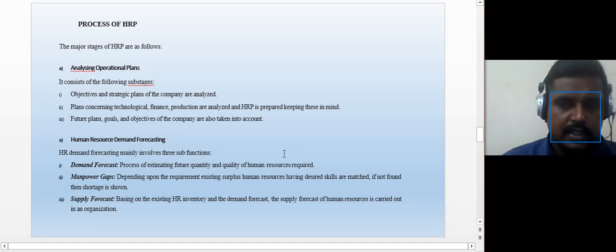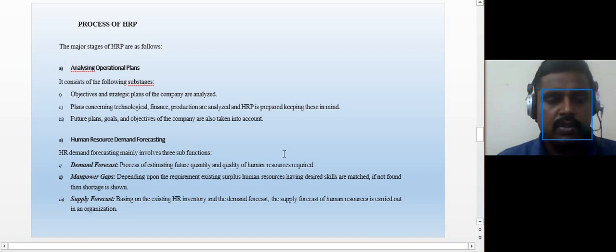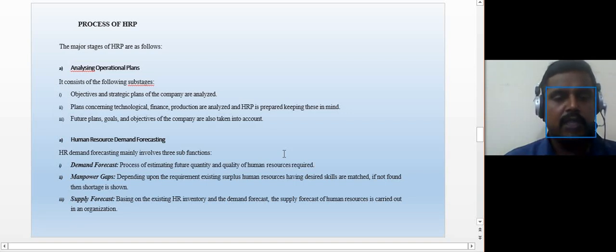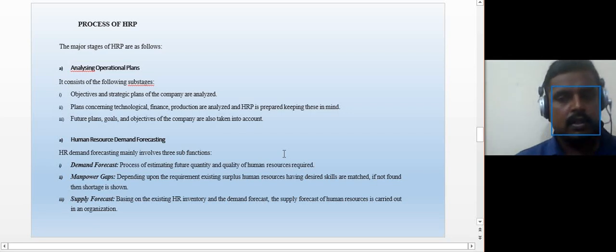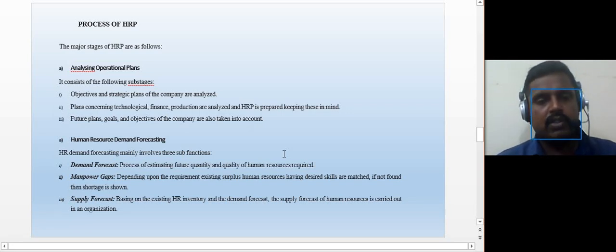The next thing is human resource demand forecasting. Human resource demand forecasting mainly involves three sub-functions. Demand forecast: we require quality human beings. How can you compromise on the quality of work? The quality of work comes only from quality human capital, human beings.